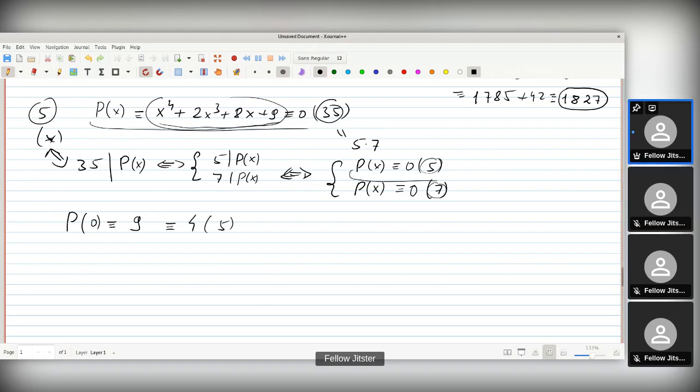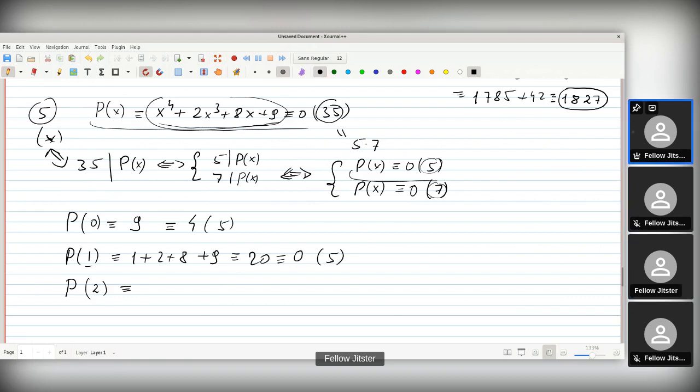Is it 0? No. P of 1. What is P of 1? 1 plus 2 plus 8 plus 9. It is 20. And modulo 5? It is 0. So 1 is a solution to the first congruence. Do you agree?